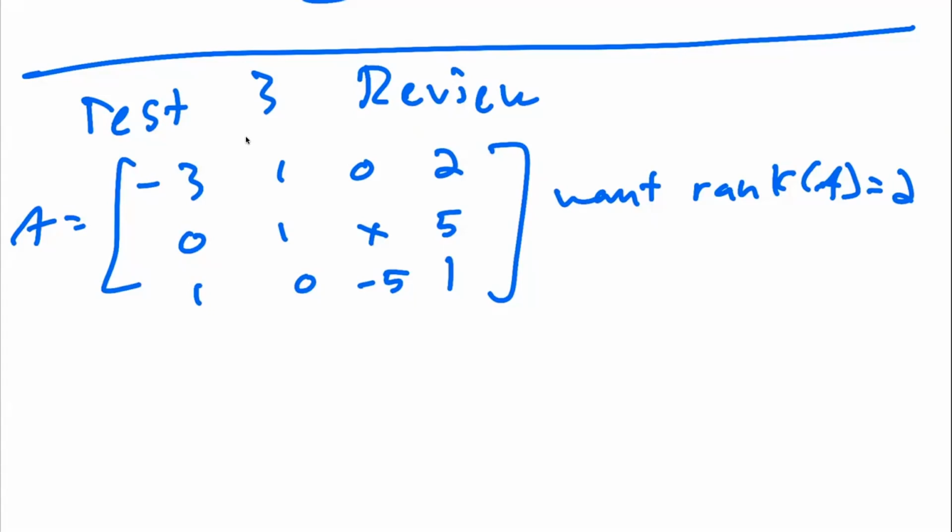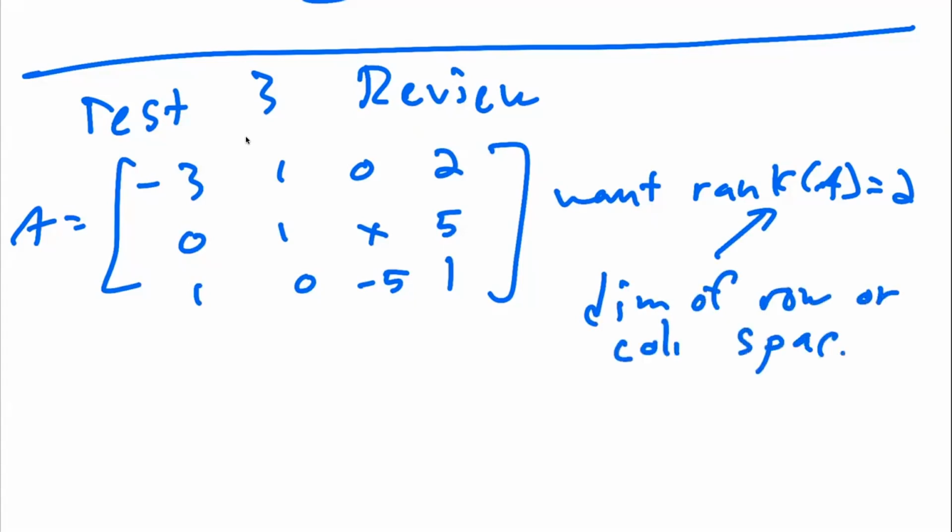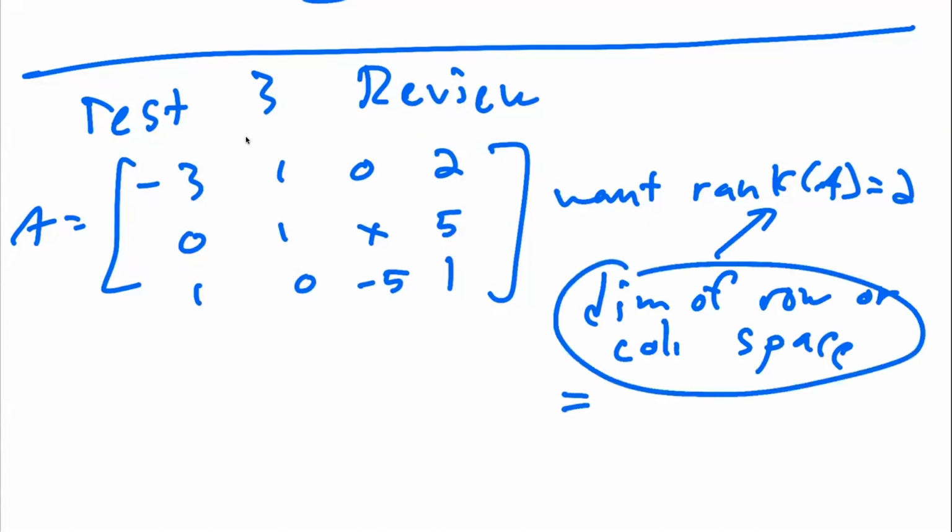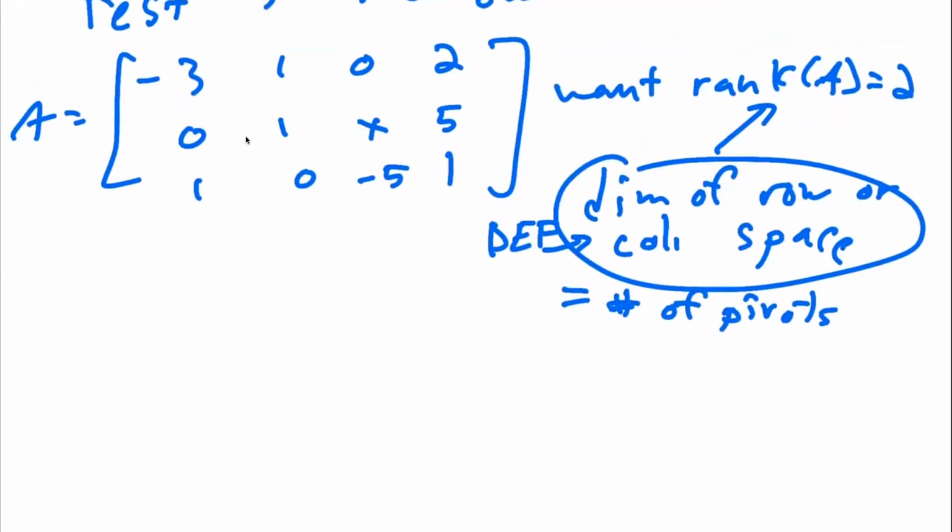So, dimension of row or column space is the definition, which is equal to the number of pivots. Again, that second part is not the definition, it is a consequence of the definition, okay?